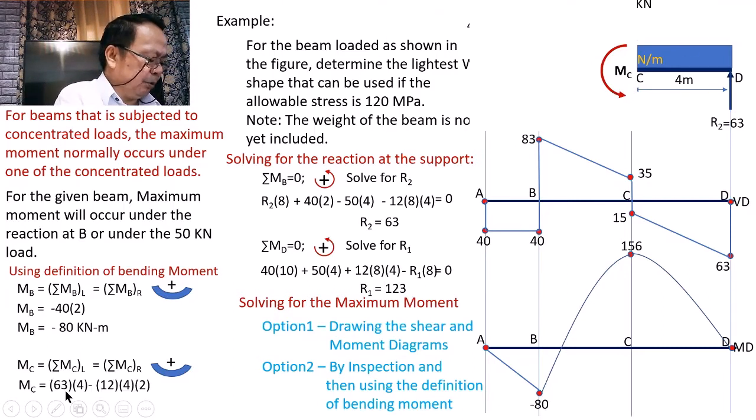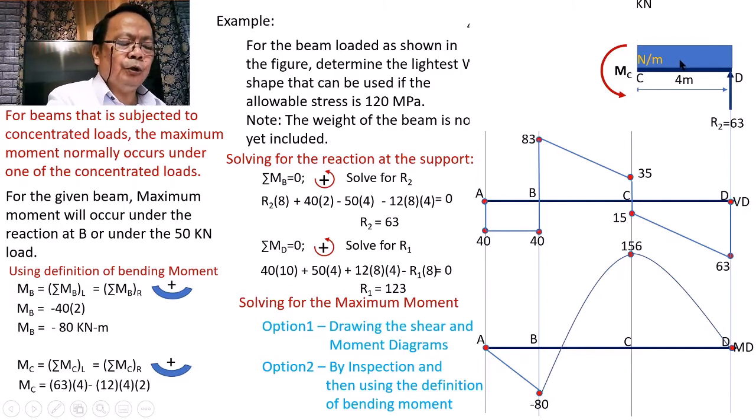Makikita natin that this will be equal to 63 multiplied by 4. And what would be the moment at the sign? Now, kung pag-aaralan natin, ang epekto nitong 63 dito sa section na ito, okay, will be causing it to concave in the upward direction. Hence, it will be signed as positive.